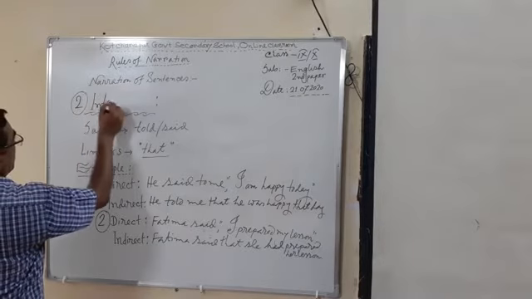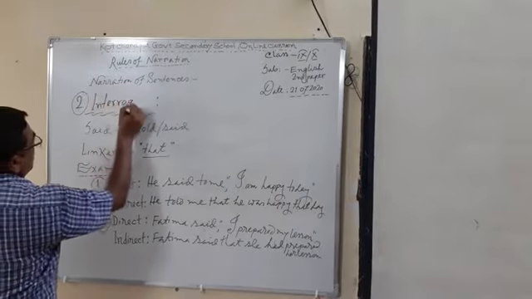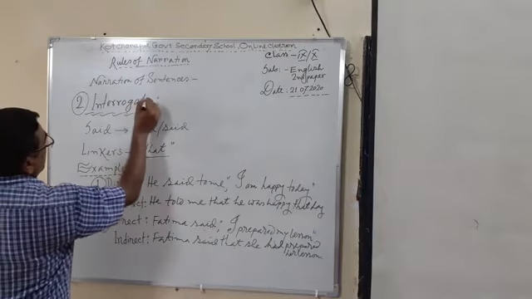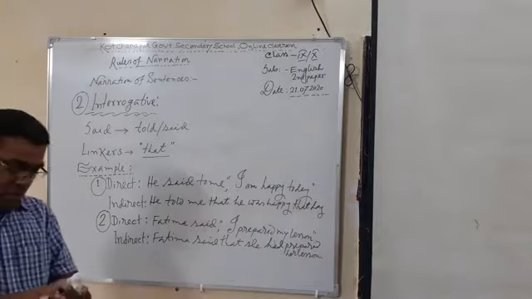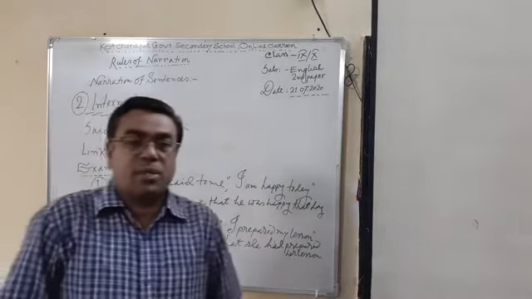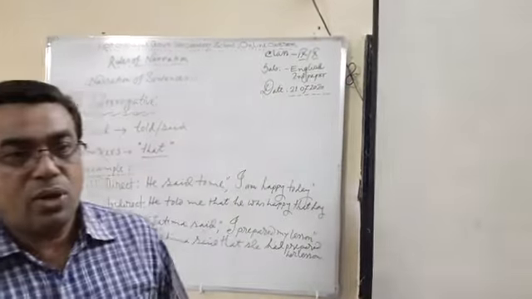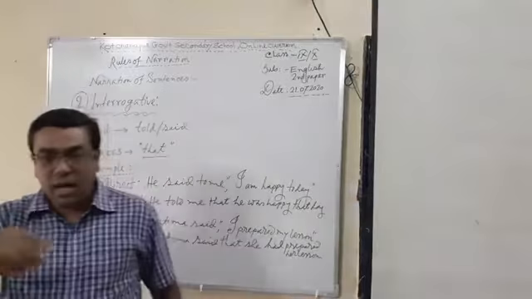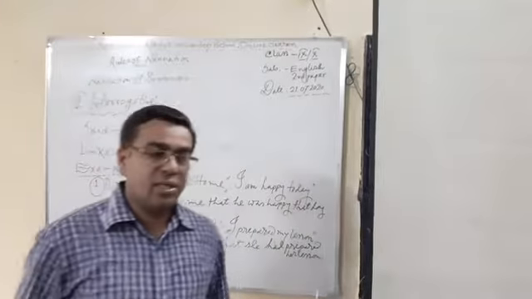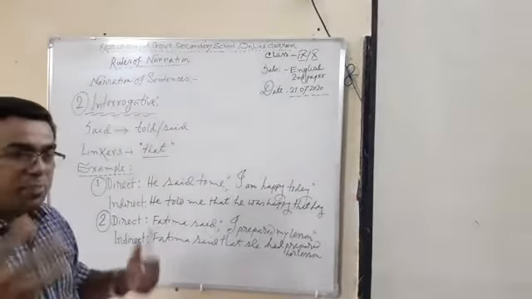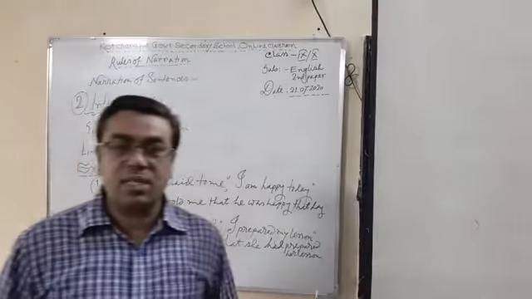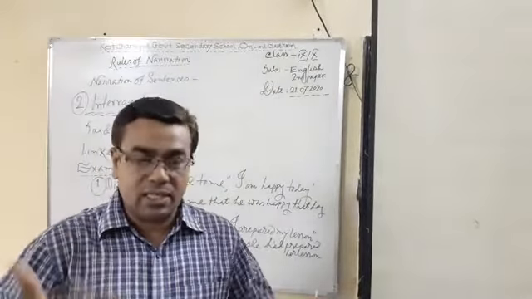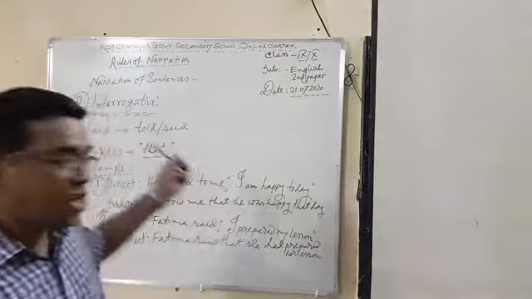When any person asks you, or I ask you, or you ask me something, it is called an interrogative sentence. And how can we change from direct to indirect speech in the case of an interrogative sentence?